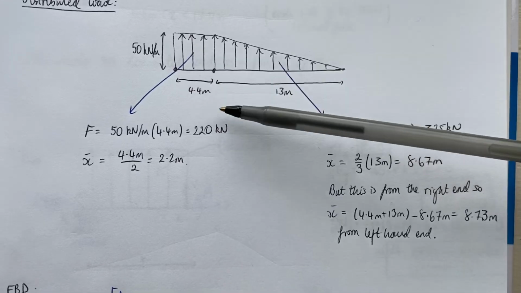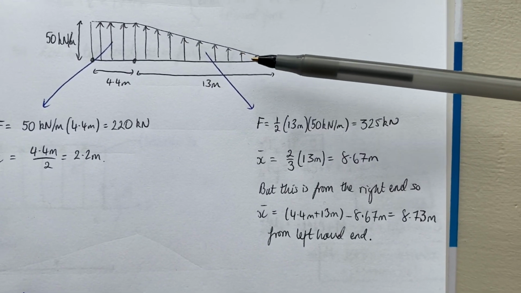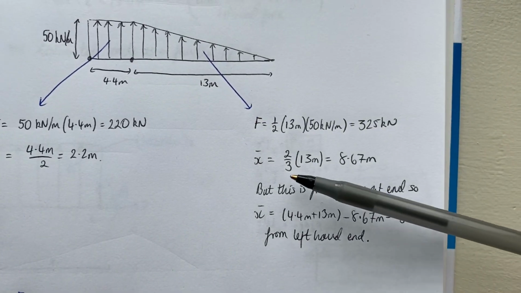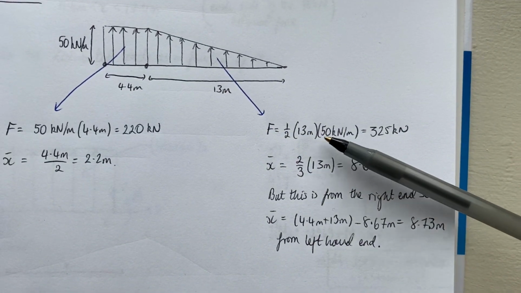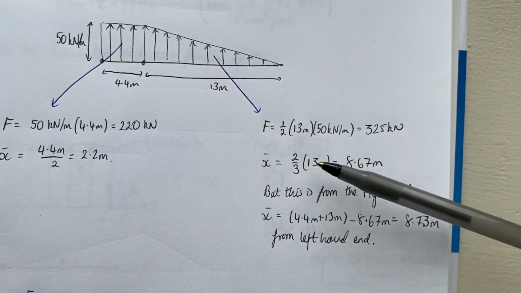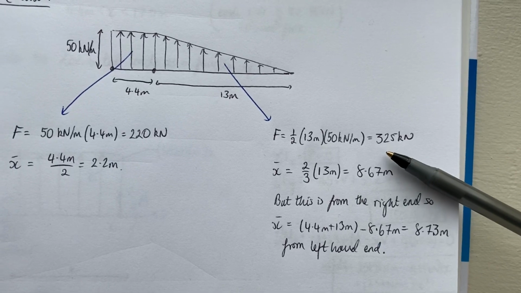So that part's fairly straightforward. Then if we look at the triangular section, again we can find the area, half base times height, right? So half base is 13 meters. The height again is this side here, which is 50 kilonewtons per meter. So that gives us a force of 325 kilonewtons.